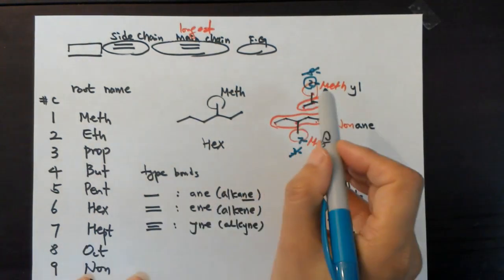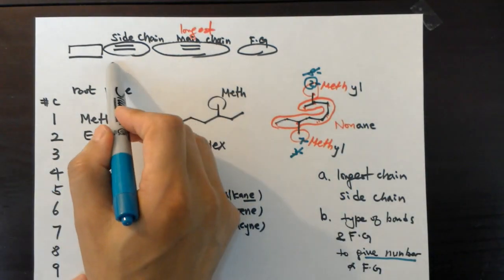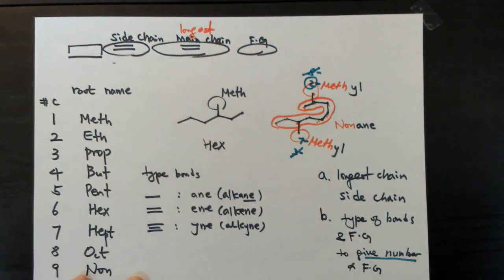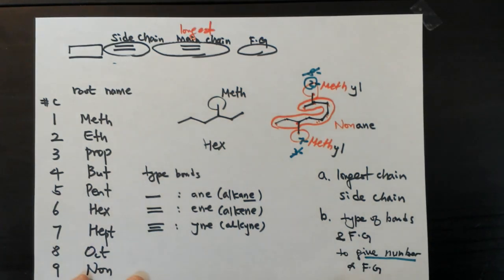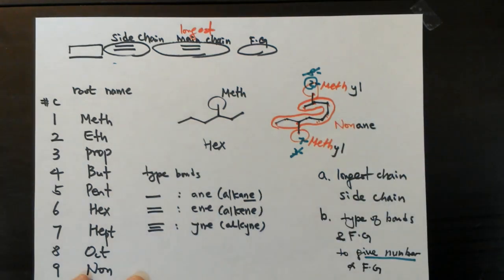So you have 2 methyl and 7 methyl and the nonane. Then you put them together in this order. But one more rule when you put them together. You put the multiple same side chains using the prefix like di, tri.